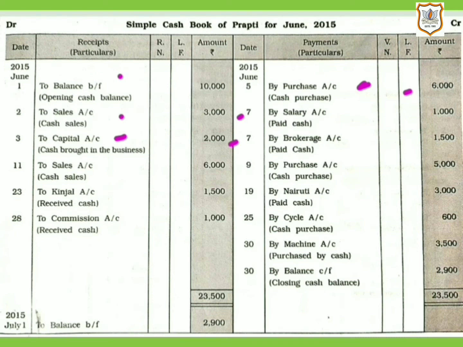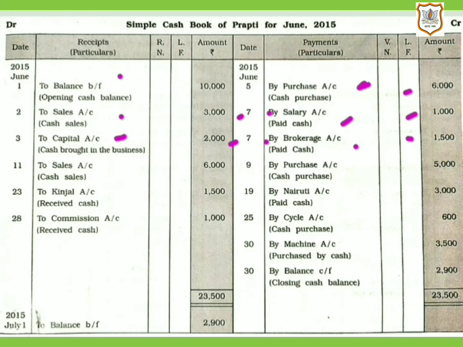So here it will be recorded on credit side. So here we will write By salary account, date 7, By brokerage account, date 7, amount 1,000 for salary and 1,500 for brokerage. Now next transaction, goods of rupees 5,000 purchased from Drona by cash. Here the word cash is mentioned.